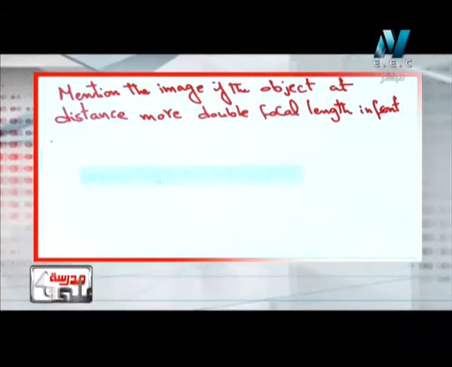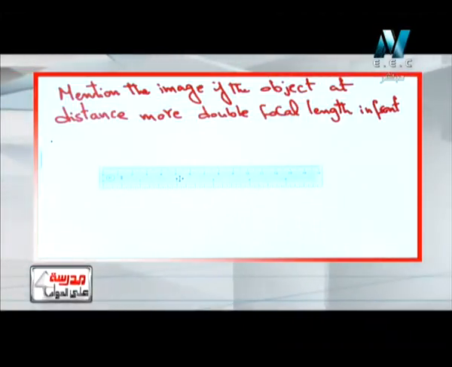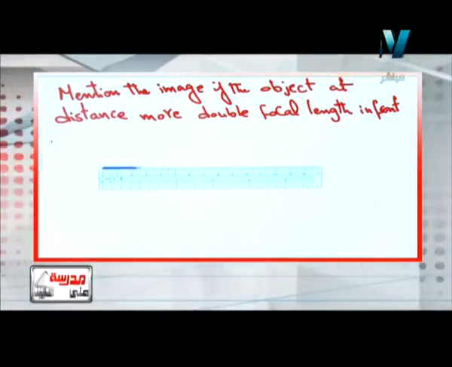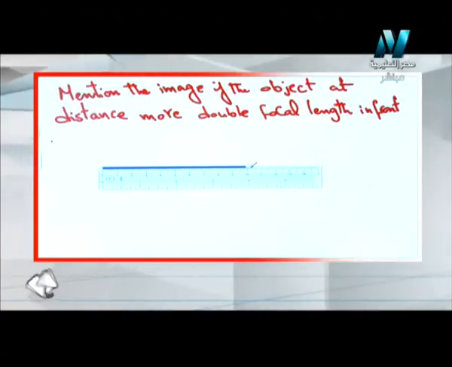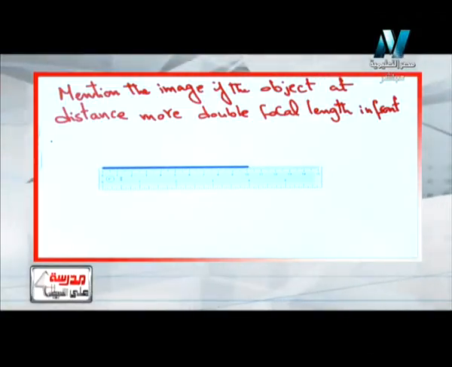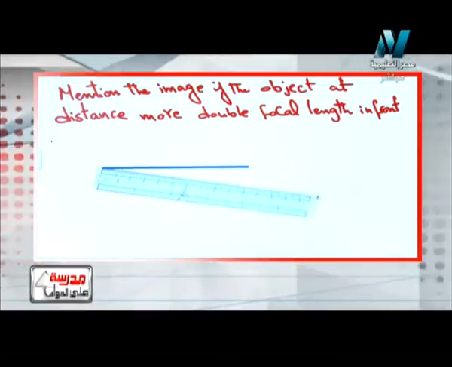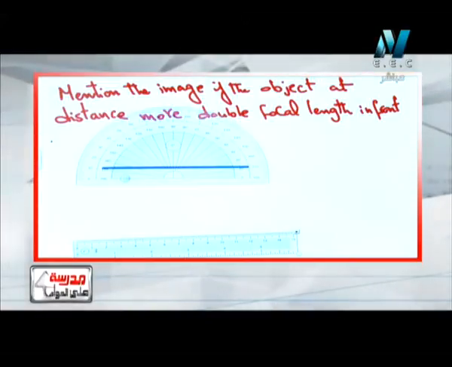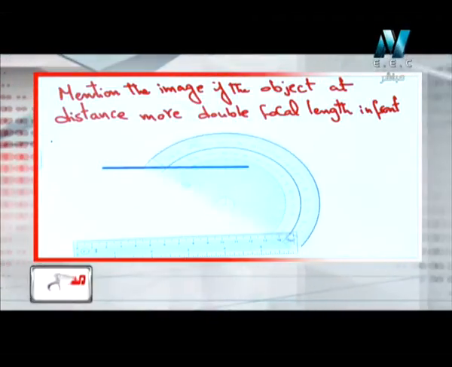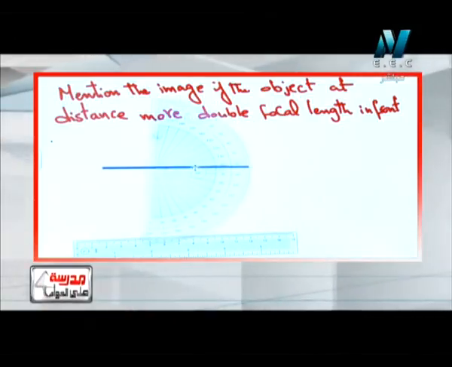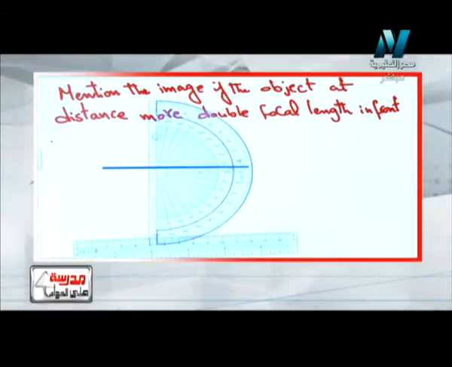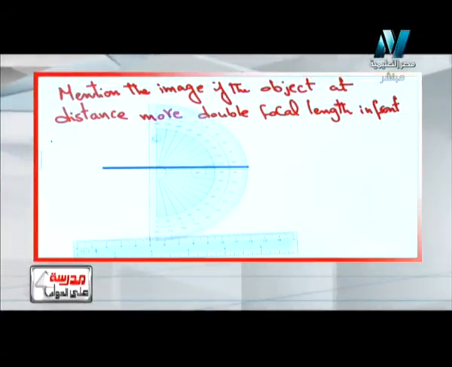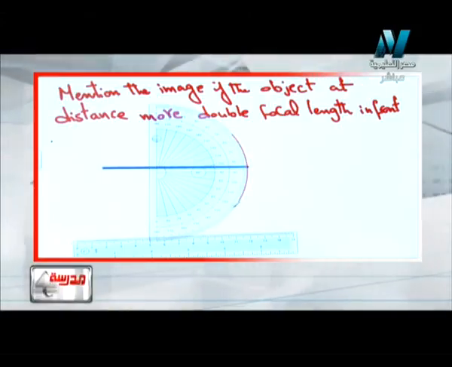Here we should use, number one, the ruler to make distances equal, as we see here. Then we will use a protractor to draw the lens or mirror. Here we will use this protractor to draw the concave lens here.